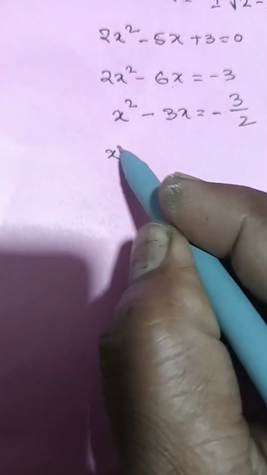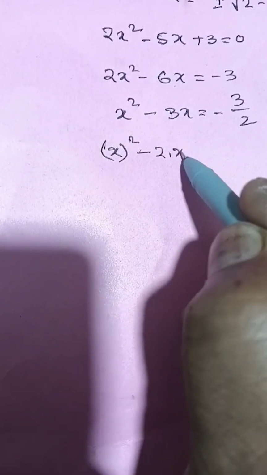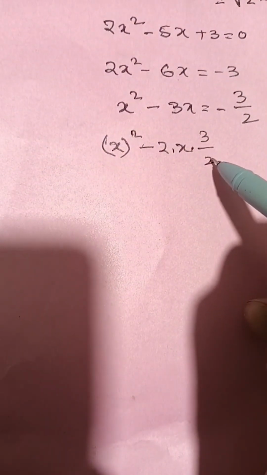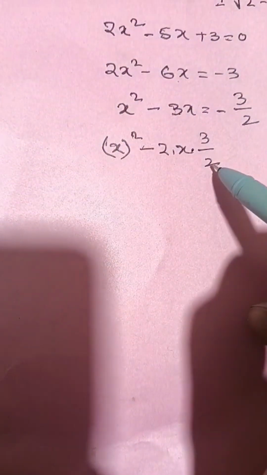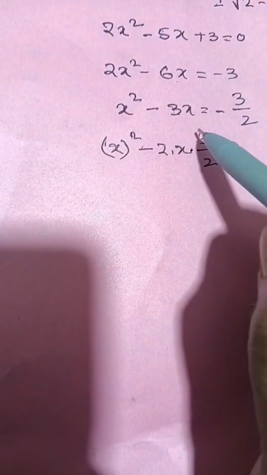Now you see we can write it as a square minus 2 into a, where a is x and b is 3 by 2. Why have we written 3 by 2? To get minus 3x. You see 2 can be cancelled, so minus 3x is left.